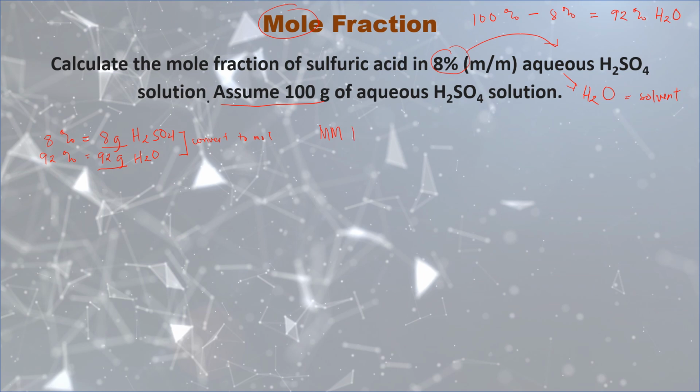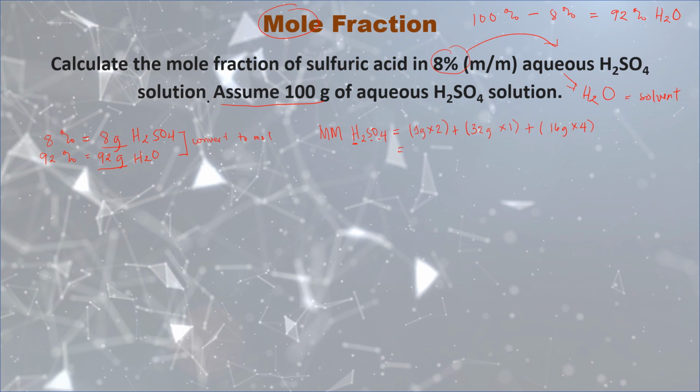Let's start with the molecular mass of H2SO4. You need to look at your periodic table for the mass of hydrogen, sulfur, and oxygen. For hydrogen, that is 1 gram times 2 because it has 2 atoms, plus the mass of sulfur, 32 times 1 because it has only 1 sulfur, plus the mass of oxygen, 16 times 4 because it has 4 of it.